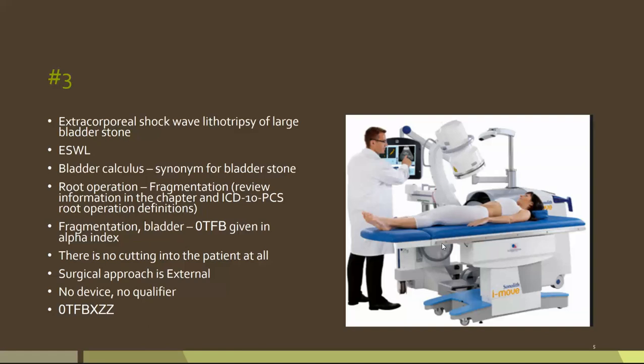Also, it's helpful to note that when they do a lithotripsy, they're not really touching the patient. This is all done external to the patient. So we're going to index the word fragmentation, then bladder. We're given 0TFB in the alpha. Surgical approach is external, no device, no qualifier. Our final code is 0TFBXZZ.